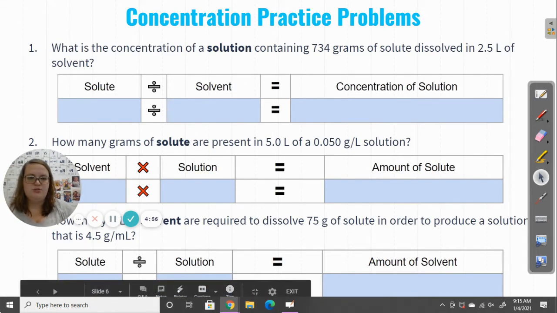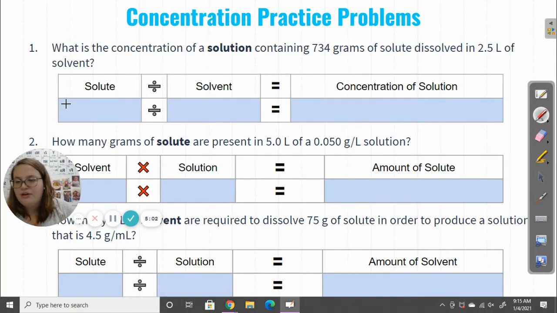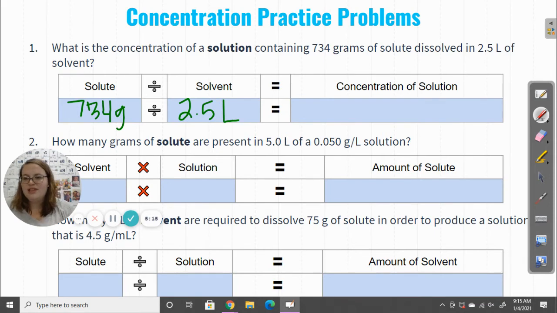So let's do the first one. The first one says how much solute we have: 734 grams. And we're told we have 2.5 liters of solvent. So we're going to do 734 divided by 2.5.